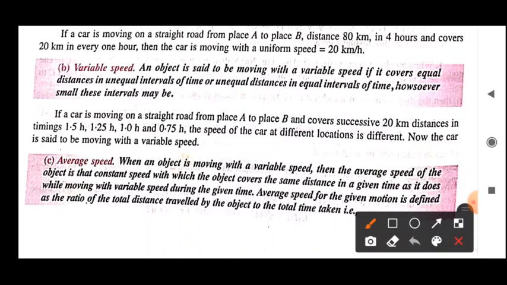So average speed is that speed with which your object is moving, and it will take that time to cover the same distance. Here what we are doing is converting our variable speed problem to a uniform speed problem by taking the concept of average speed.